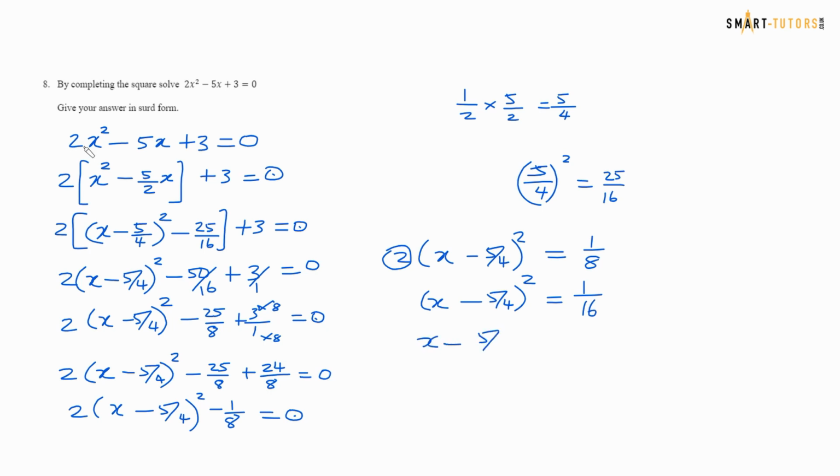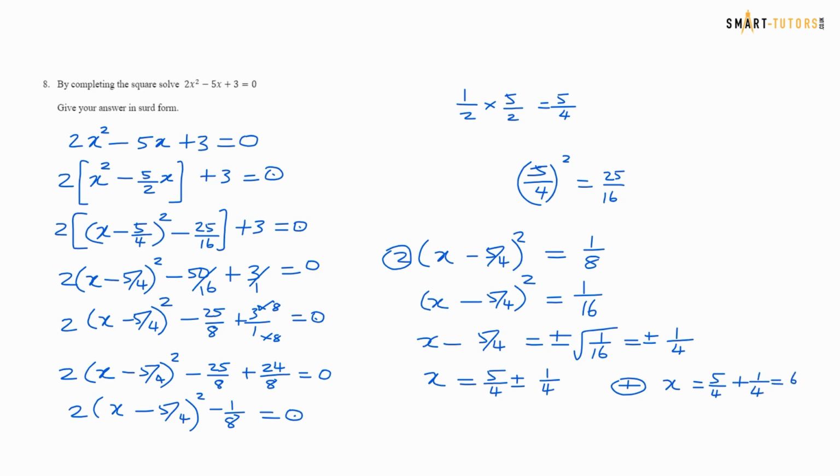So x minus 5 over 4 equals plus or minus square root of 1 over 16. Square root of 1 over 16 is plus or minus 1 over 4. Square root of 16 is 4. So x equals 5 over 4 plus or minus 1 upon 4. So if you consider plus, x equals 5 over 4 plus 1 over 4, which is 6 over 4.